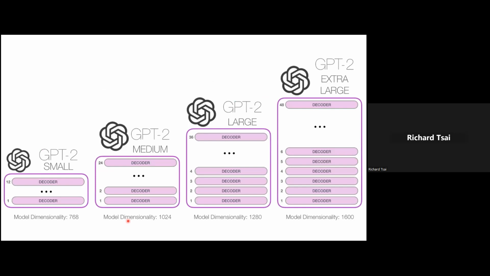GPT-2 comes in 4 different settings, ranging from the smallest to the largest: small, medium, large, and extra large. The primary distinctions among these settings are the number of layers and the model's dimensionality.